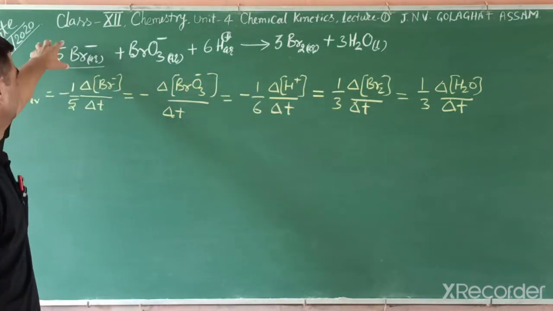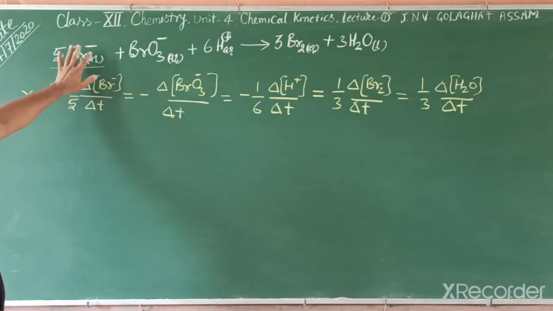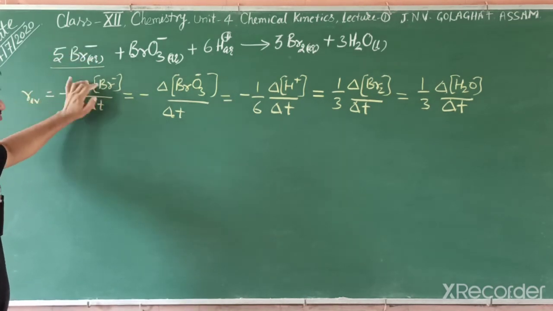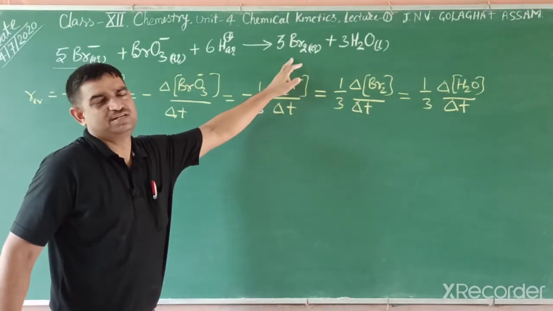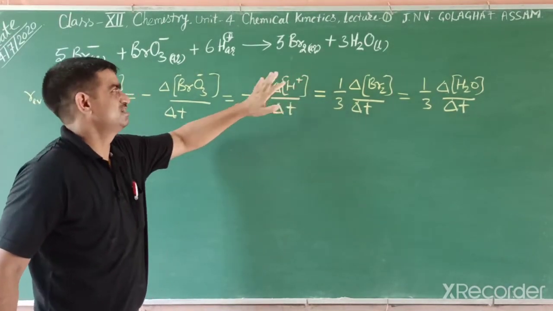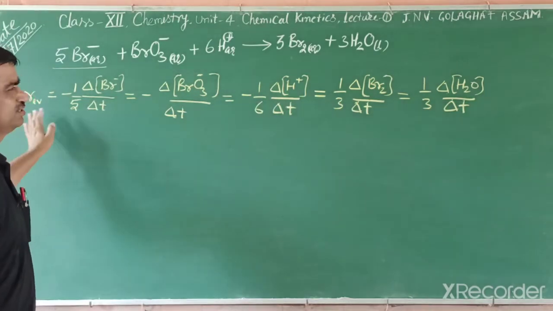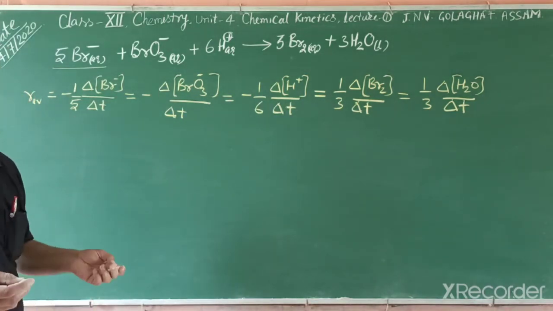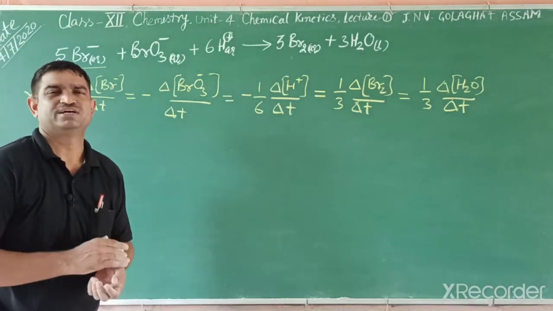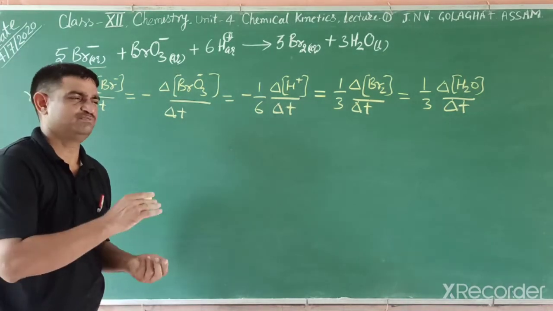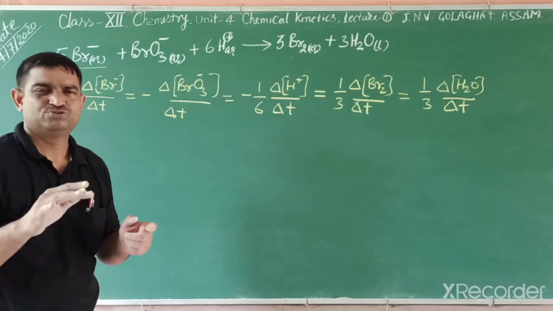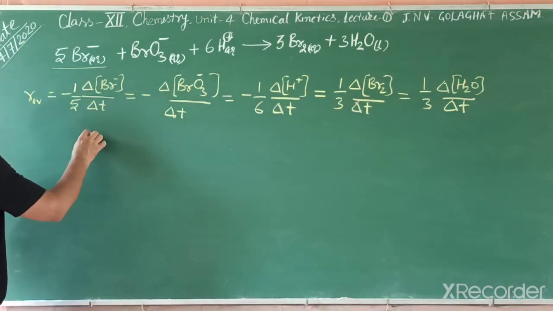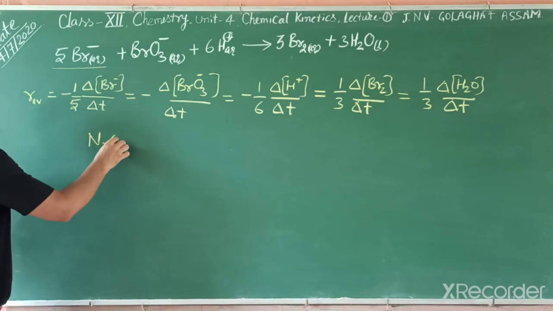For example, if the rate of reaction is given for bromide ion, you can find out the amounts for bromine, water and acid by correlating them. Students, we can solve this numerical problem, and that numerical problem is given in your NCERT book. See that numerical problem thoroughly. I can write another example, nitrogen pentaoxide.